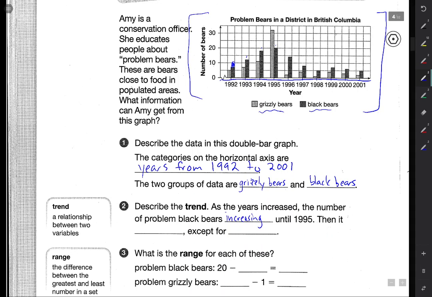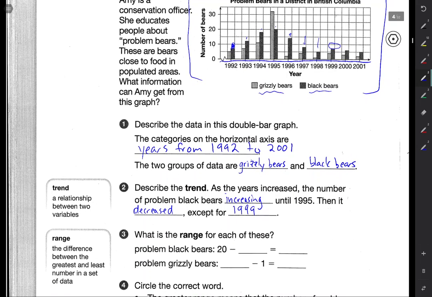Then it decreased, except for, well, where's the one spot that it stopped decreasing? Well, it kept going down here, down here, down here, but then look, it rose a bit over here. So except for 1999. So the trend is black bear number increased until 1995, then it decreased, except for in 1999, where there was a little bit of an increase.